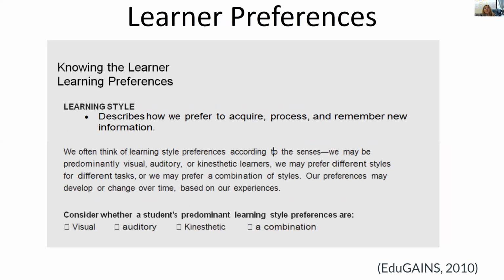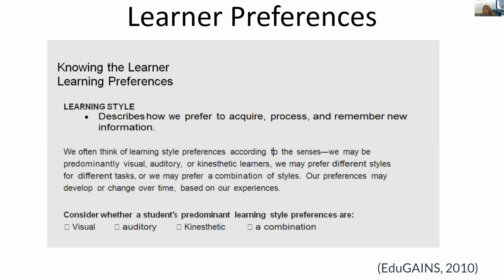The next area is their learning preferences. So this is just learning styles, and we've all heard about learning styles before. This is how we prefer to learn, or how we learn the best. It's how we process things and how we remember new information. Maybe the student's a visual learner or auditory.